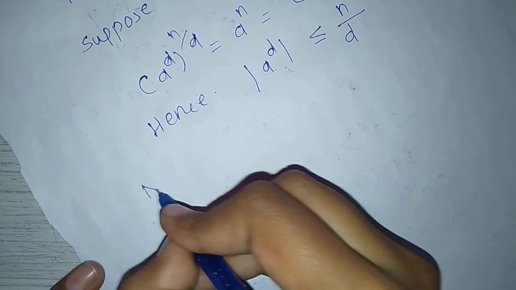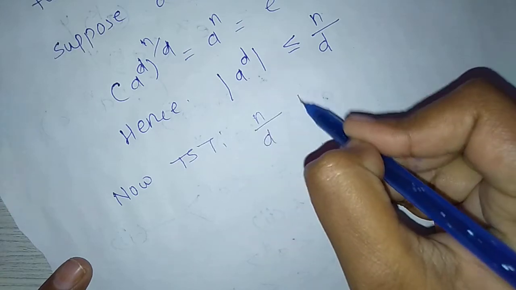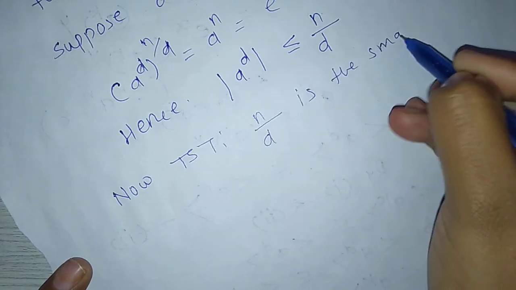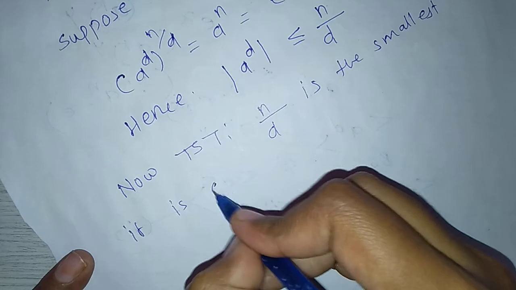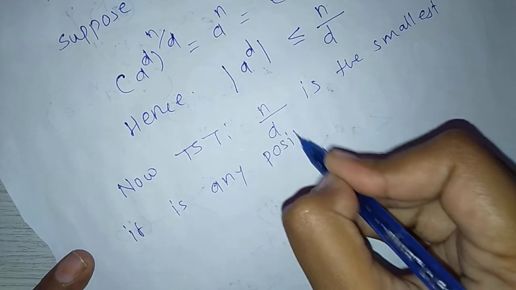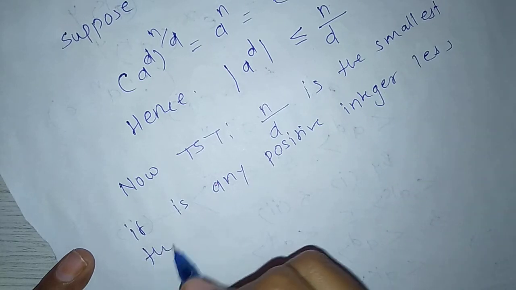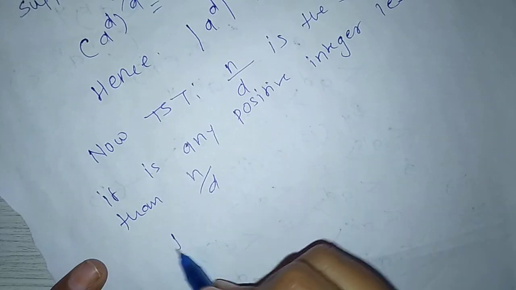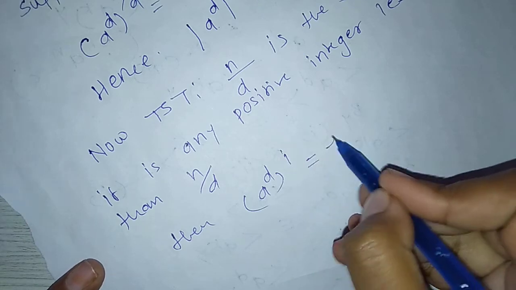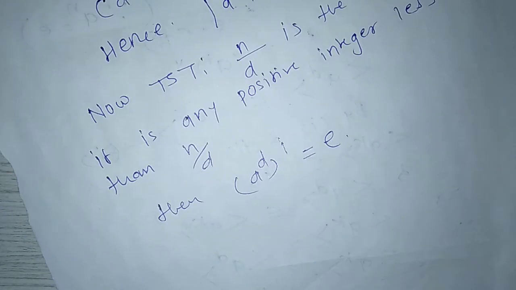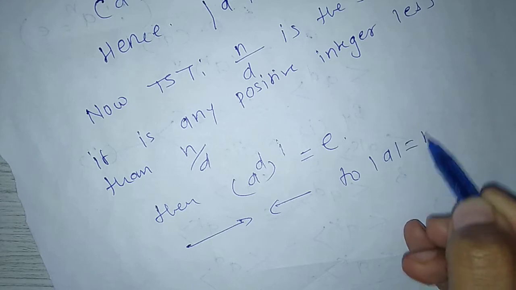Now to show that n upon d is the smallest, if i is any positive integer less than n upon d, then we get a raised to d, raised to i, equal to the identity, which is a contradiction to the order of a equal to n.